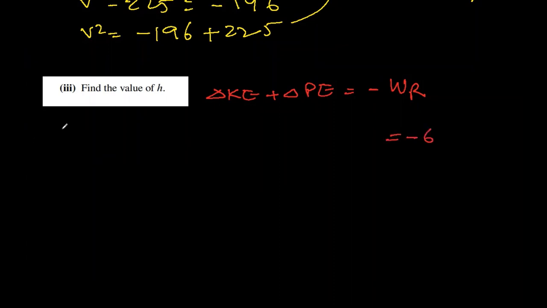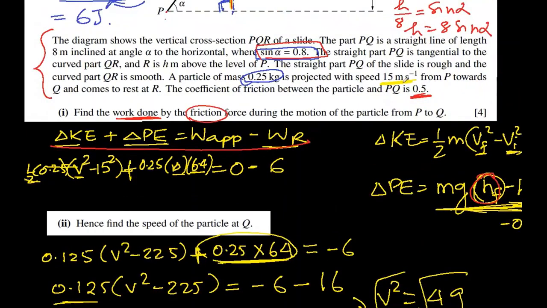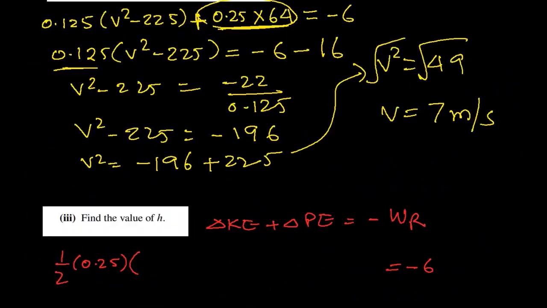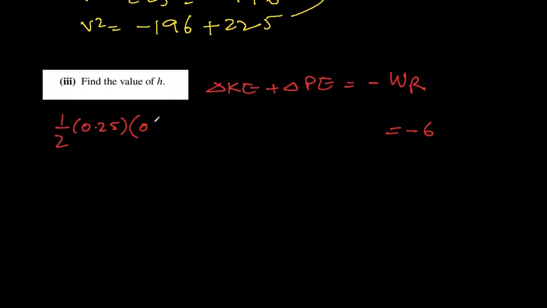Okay, delta KE will be half mass times, we know it stopped at R. That's what they wrote in equation somewhere. It comes to rest at R, right? So the final velocity is 0. So 0 square minus 15 square plus mg, height is, final height is h, initial height was 0, it was starting from ground.